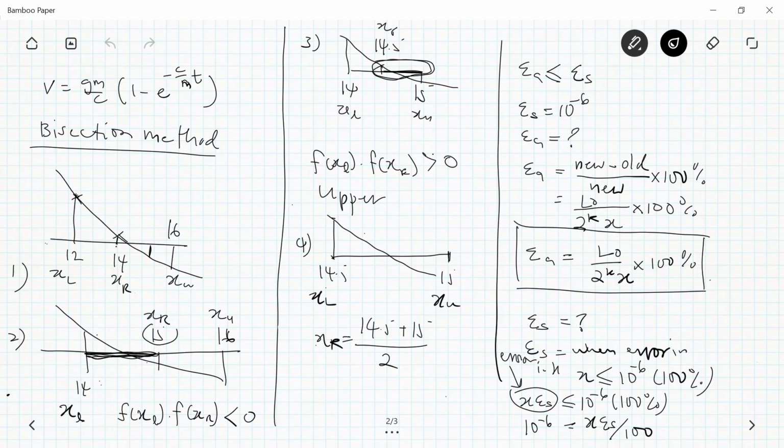Okay, what is wrong here is that my algebra is wrong. So 10 to the minus 6 is just x times... oh, sorry.